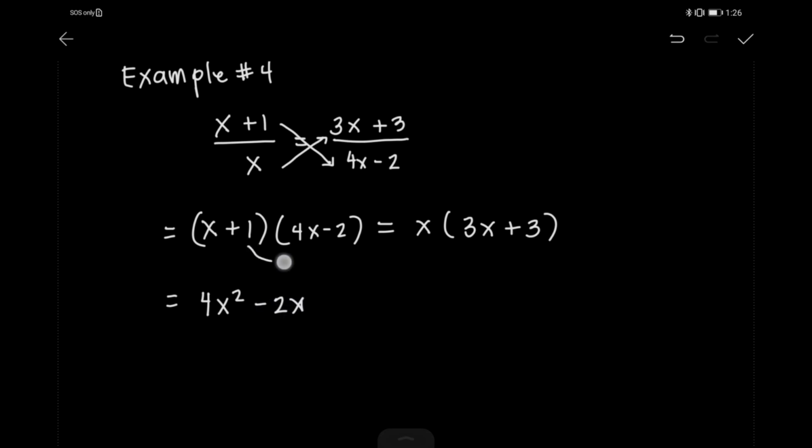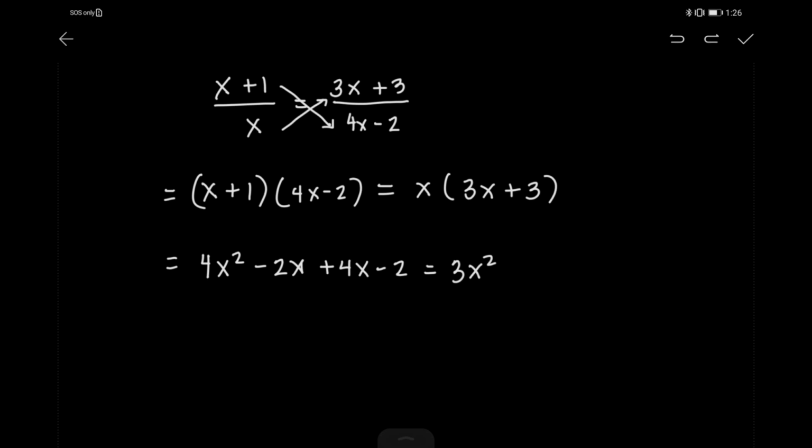Then 1 times 4x is positive 4x, and 1 times negative 2 is negative 2. For the right side, distribute: x times 3x is 3x squared, and x times 3 is positive 3x.